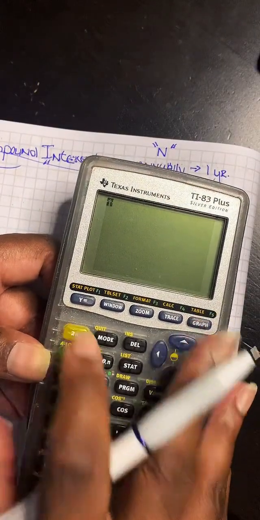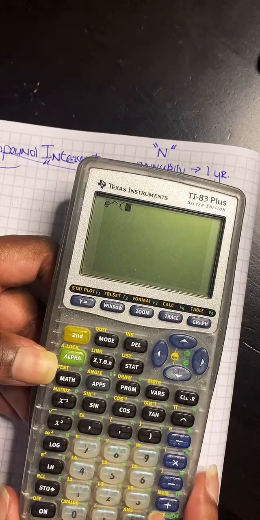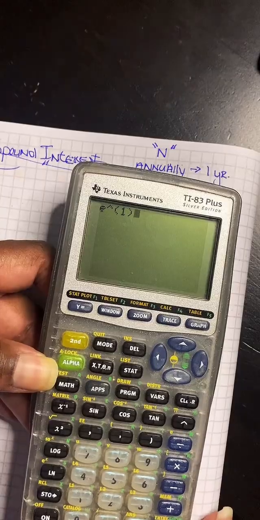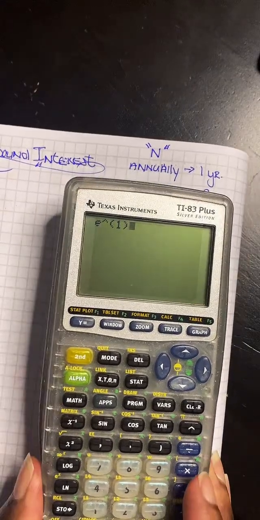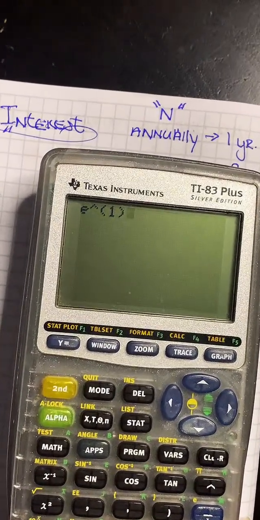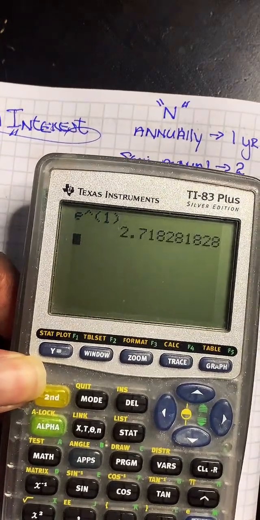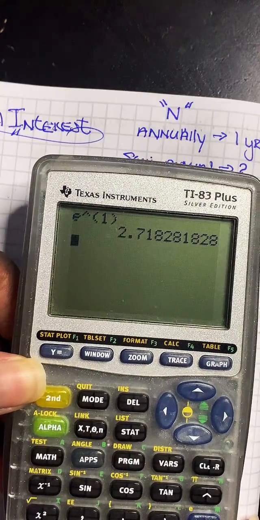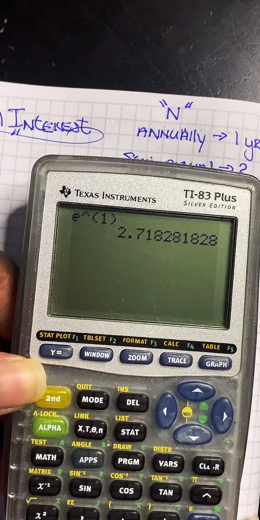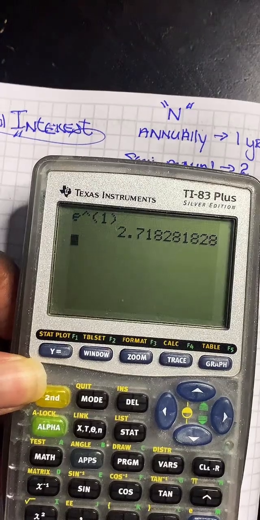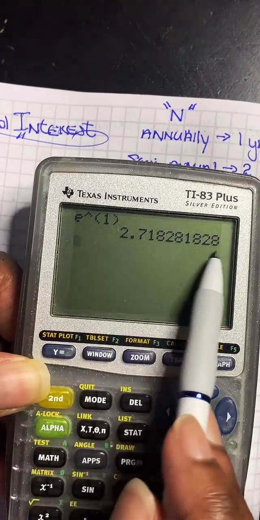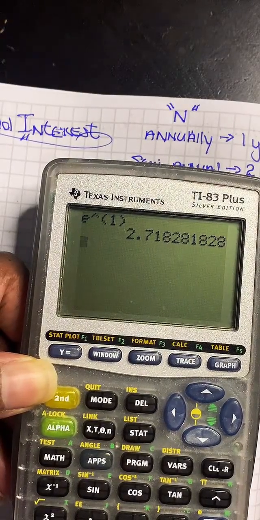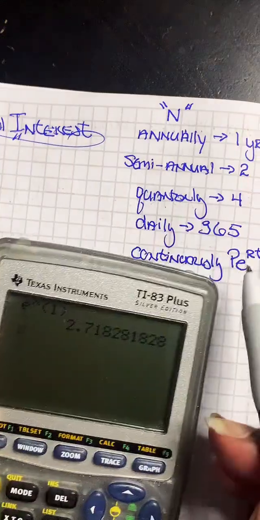On my calculator, I'm going to put e raised to the first power, because we all know anything raised to the first power is itself. Zoom in a little bit. When I hit enter, it gives us a number. e is actually a number. So instead of you trying to memorize all of this, which is not as bad as pi, that is being represented.